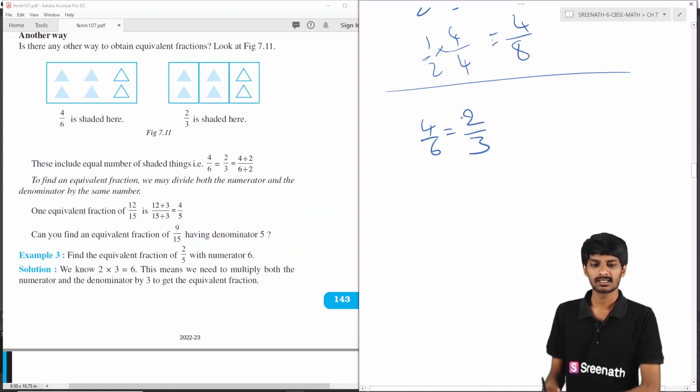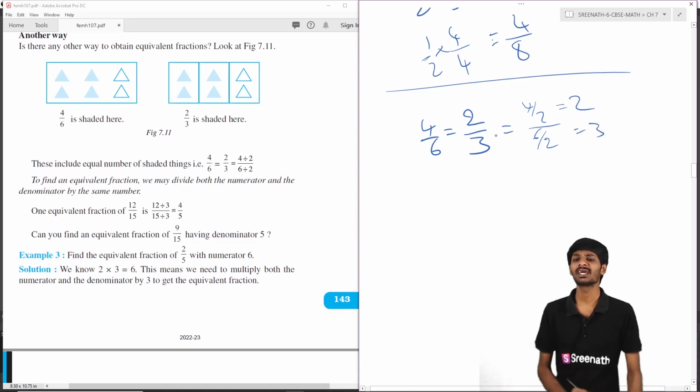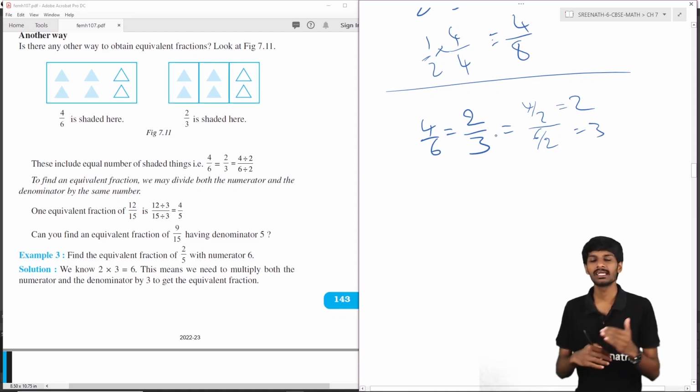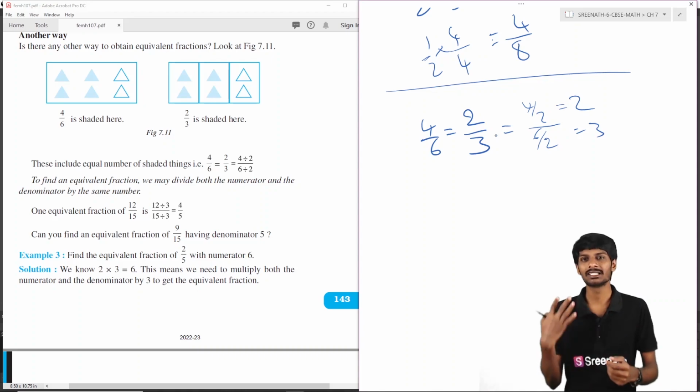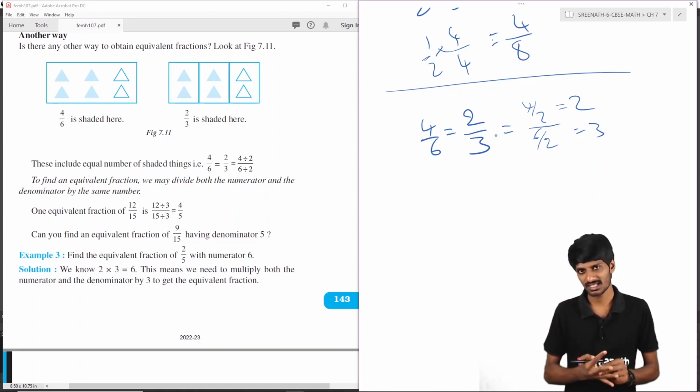So students, if you divide 4 by 2 and 6 by 2, 4 divided by 2 is 2, 6 divided by 2 is 3. So what is happening here? You are dividing both the numerator and denominator by the same number.